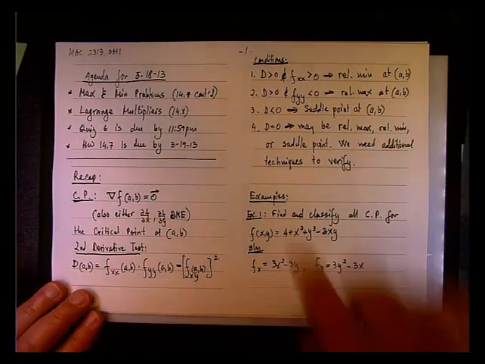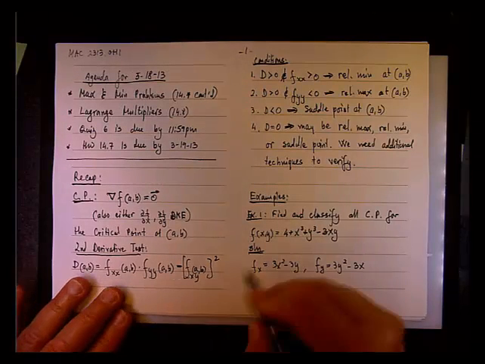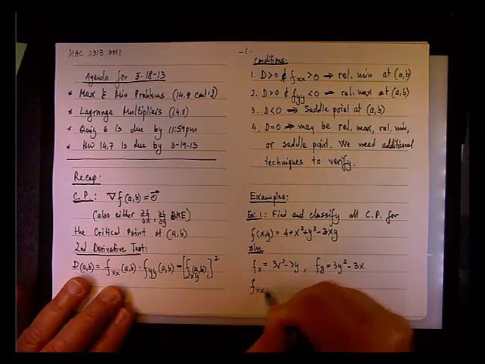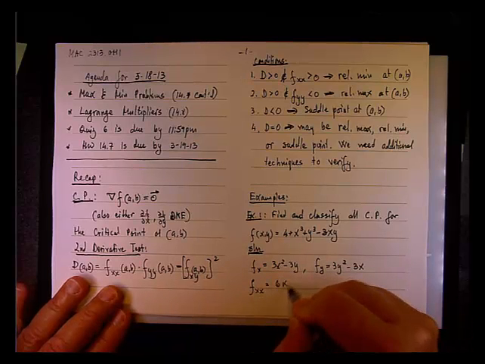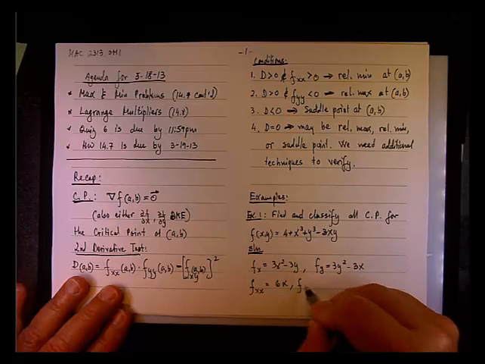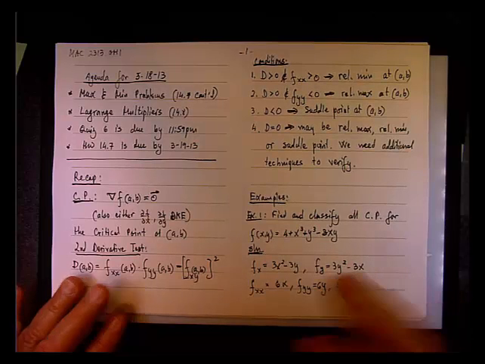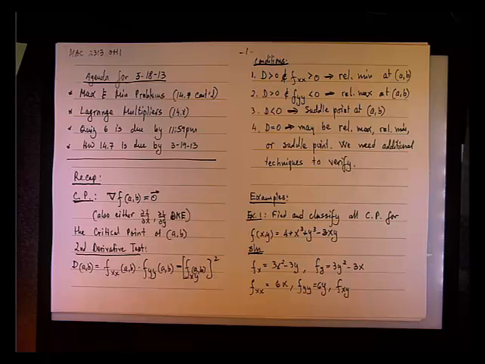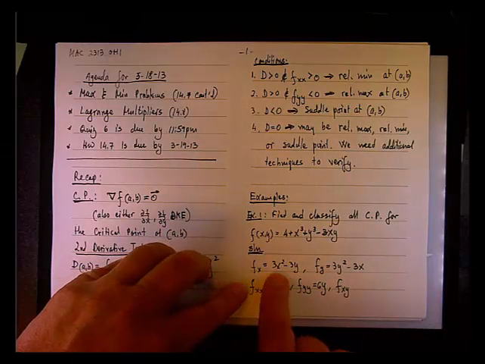So we have a little bit of symmetry here, but also in order to do the second derivative test, we might as well go ahead and take the second order partial derivatives. So fxx will be 6x minus 0, fyy will be 6y minus 0, and fxy, if the second order partial derivatives are continuous, then fxy will be the same as fyx.